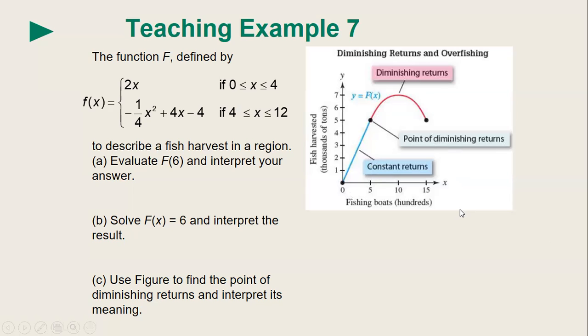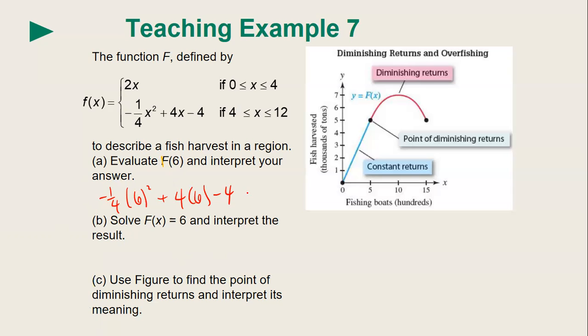So if we were to look here and evaluate, we're looking at f of 6. Which piece of the function would we be looking at? Will we be looking at the 2x or the quadratic? At the quadratic. So we would use the quadratic to evaluate f of 6. So we would have -1/4 times 6 squared plus 4 times 6 minus 4.